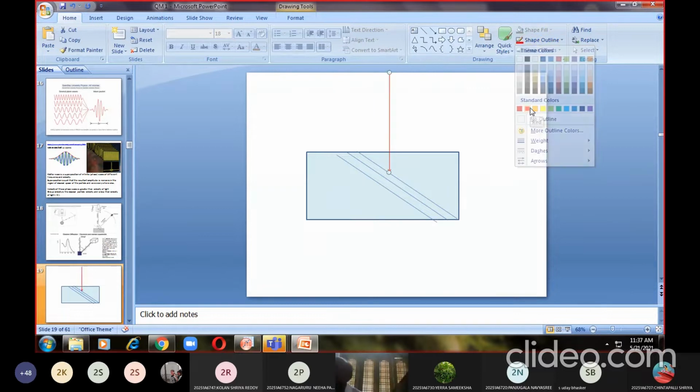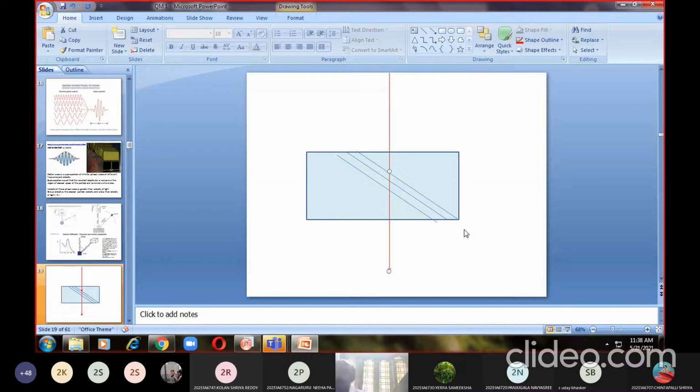This is the beam of electrons that is incident. After that, copy, paste. This beam got reflected, in this direction, let me say.